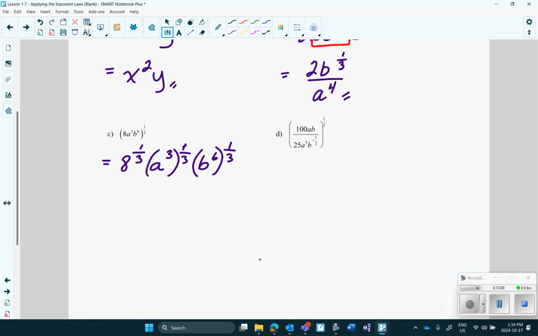It's 2 times 2 times 2 is 8. Because 8 to the 1/3 is the same as the cube root of 8, isn't it? Because then we have to switch it to radical, which means it's 2.